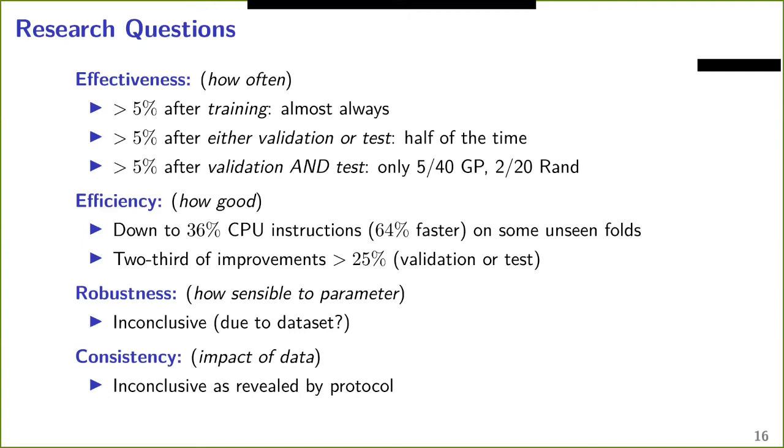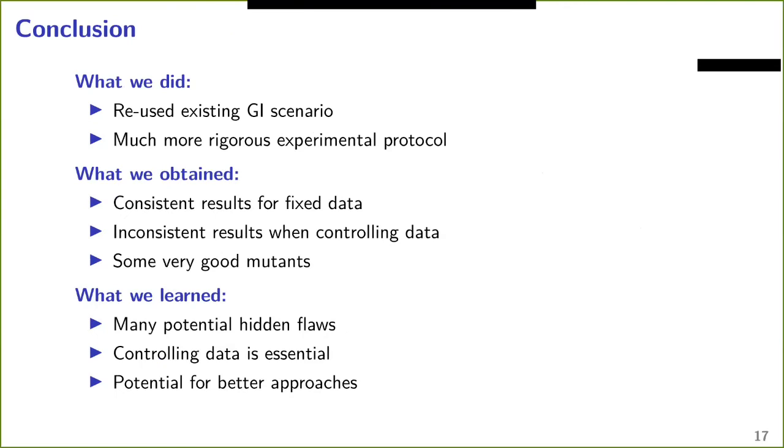However, for both robustness and inconsistency, results were inconclusive, either due to the dataset or as highlighted by our repeated experimental protocol. In conclusion, we took an existing GI scenario and tried to reproduce it, but with a much more rigorous experimental protocol.